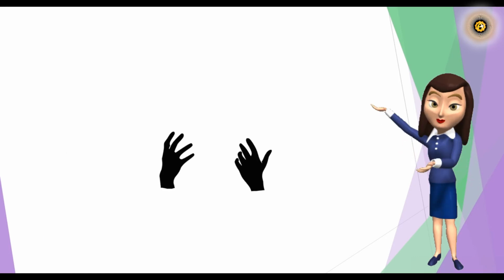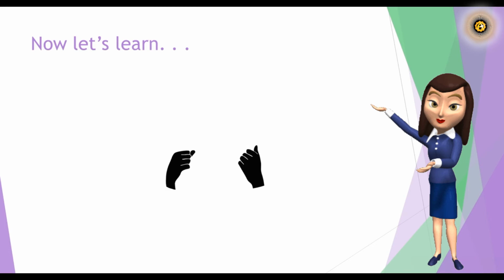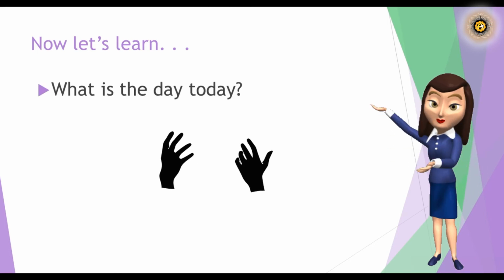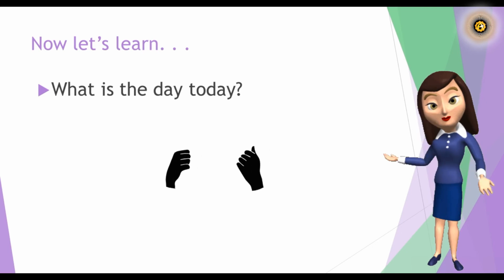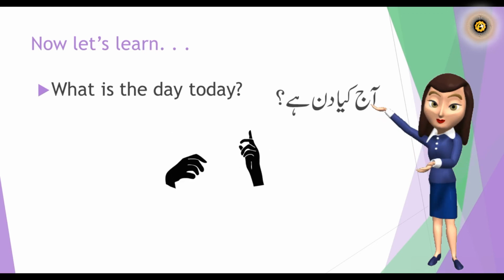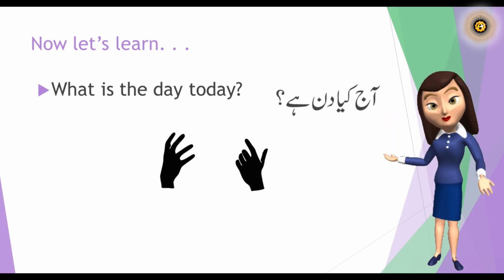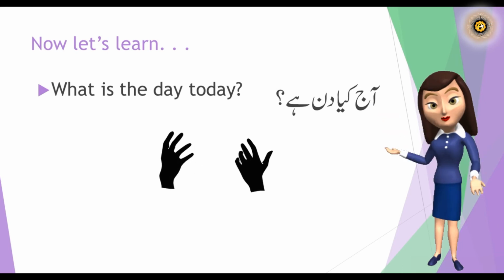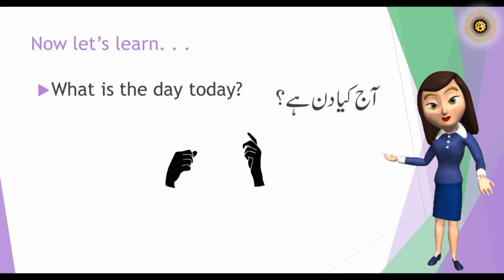All right. So now let's learn to say what is the day today? What is the day today? In Urdu we say aaj kya din hai? What is the day today? Aaj kya din hai?